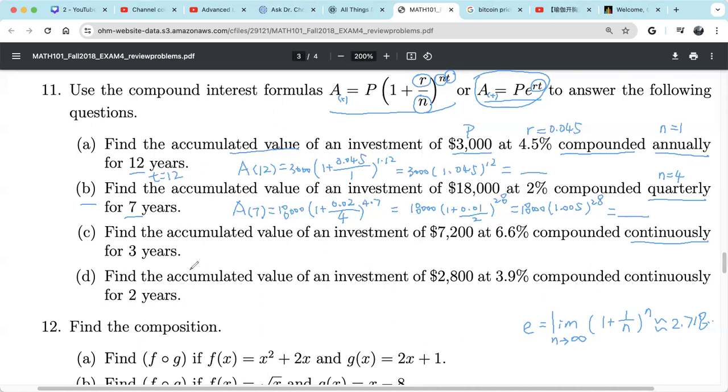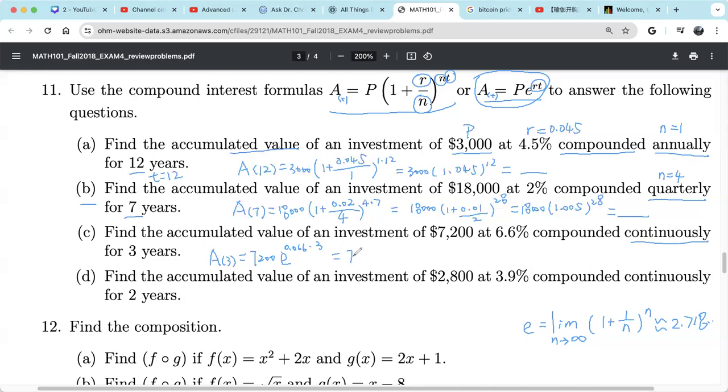Let's see, C is compounded continuously. So we have A of 3 years, t equals 3, which equals 7,200 multiplied by e, the number e. On any calculator there is a button for e. Raised to r, 6.6%, which is 0.066, multiplied by 3.